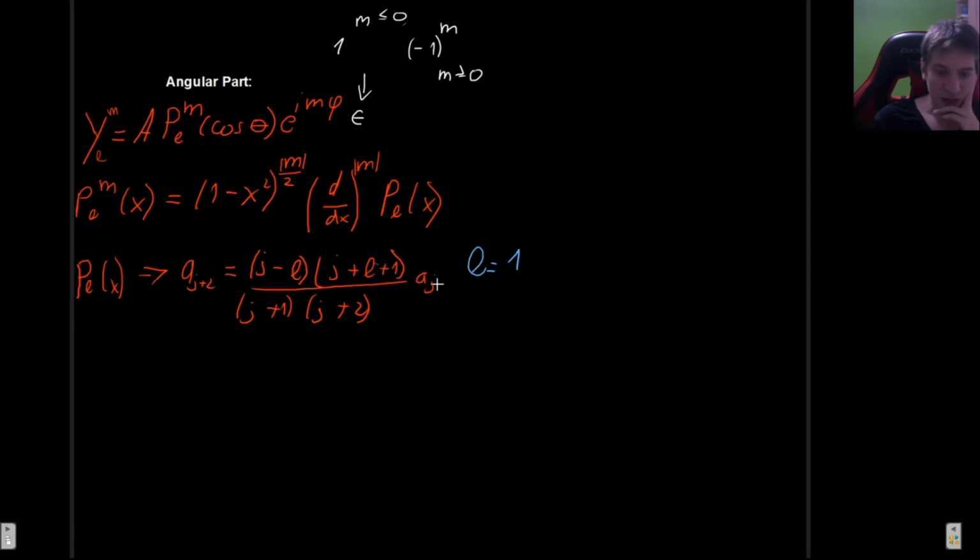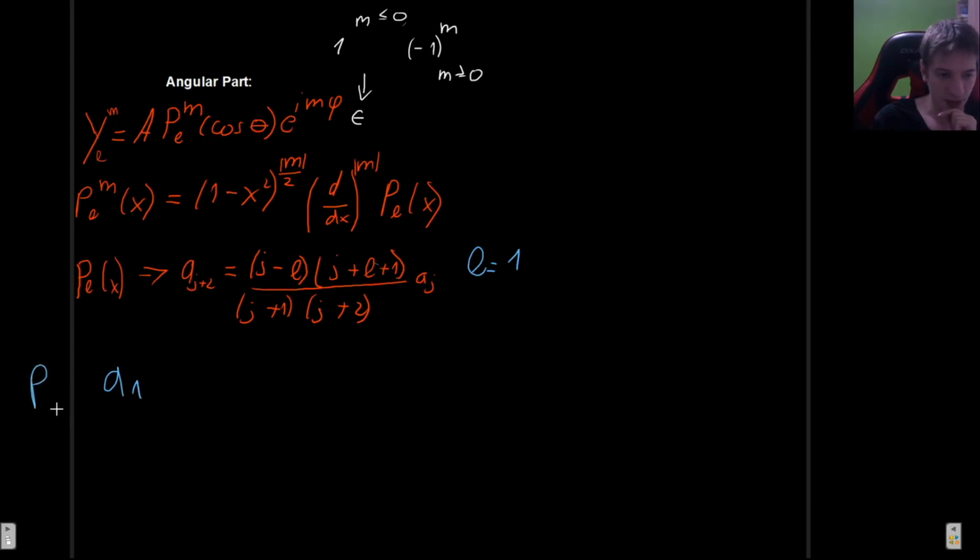Well, if L is equal to 1, for this to terminate, J will have to be equal to 1. That means we're only going to be dealing with the odd values for these coefficients. And L equals 1 means J is 1, and J is 1 means that the coefficient where it terminates is going to be A3. So the only coefficient that is not going to be 0 is going to be A1.